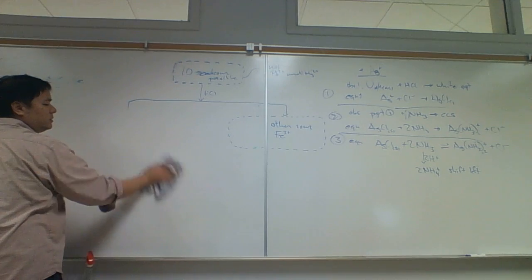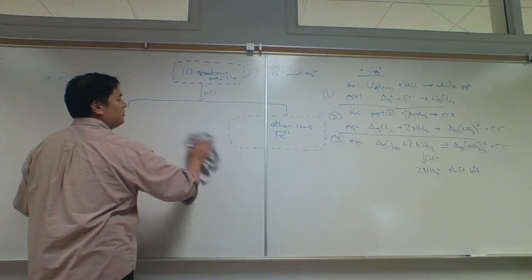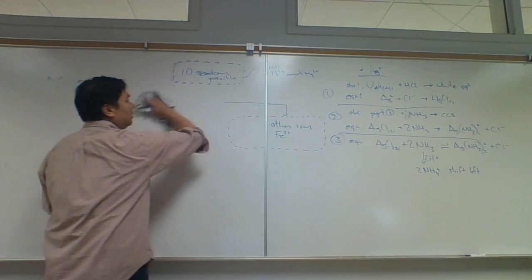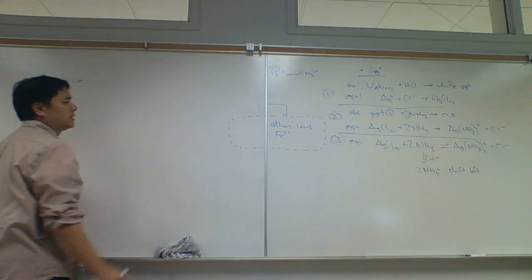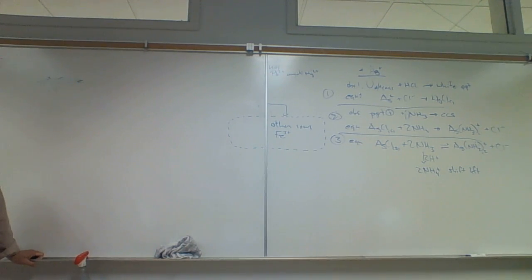And so what we're going to do is we save this solution. We've got to save this solution because that's where the other ions are going to be for subsequent testing. And so we have to follow the sequence in order for this to work. Otherwise, we get the wrong mixture of ions, which gives us results that are difficult to interpret.